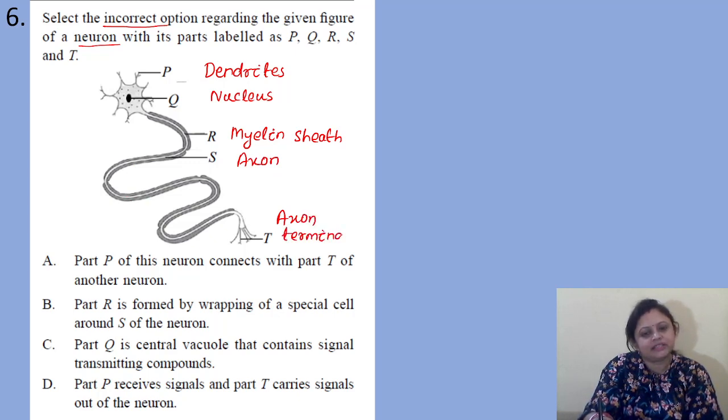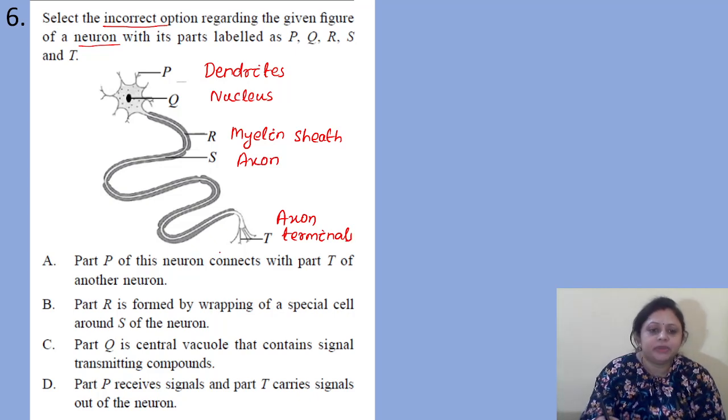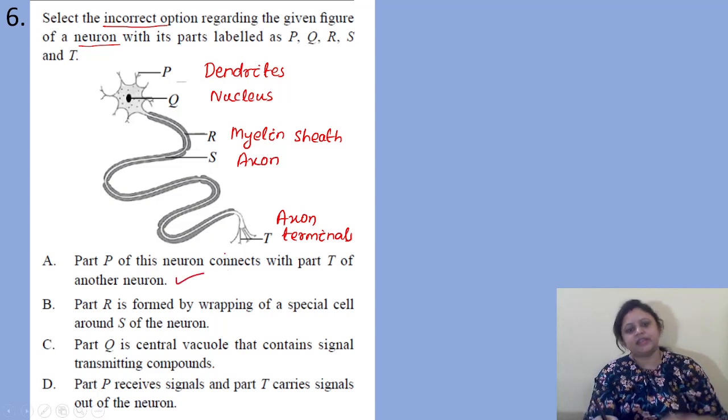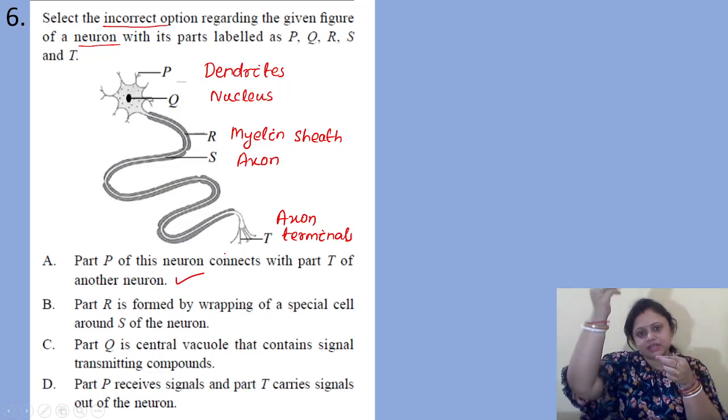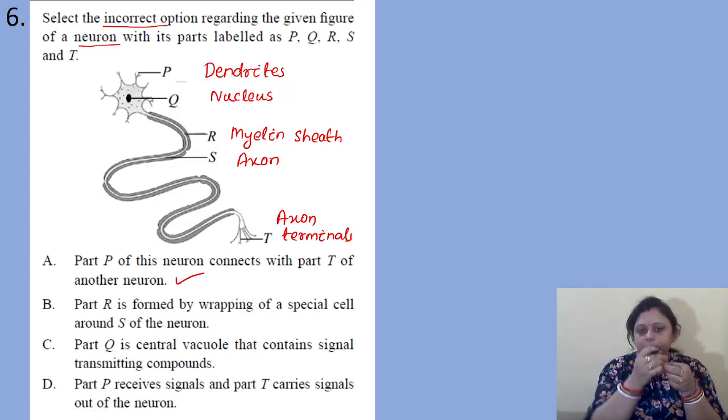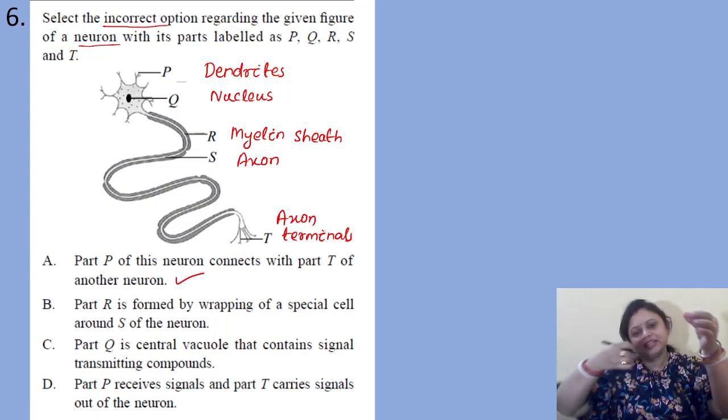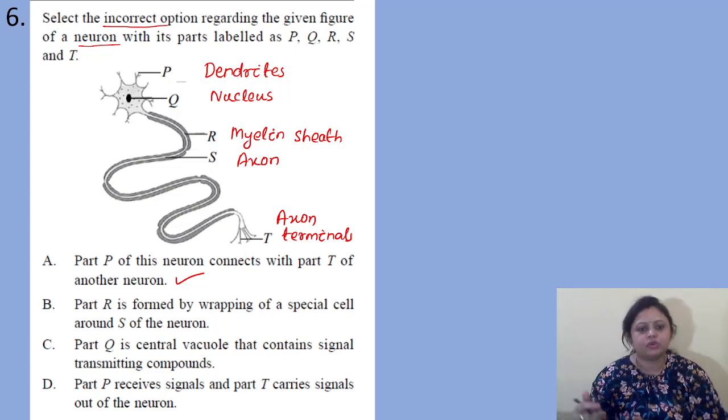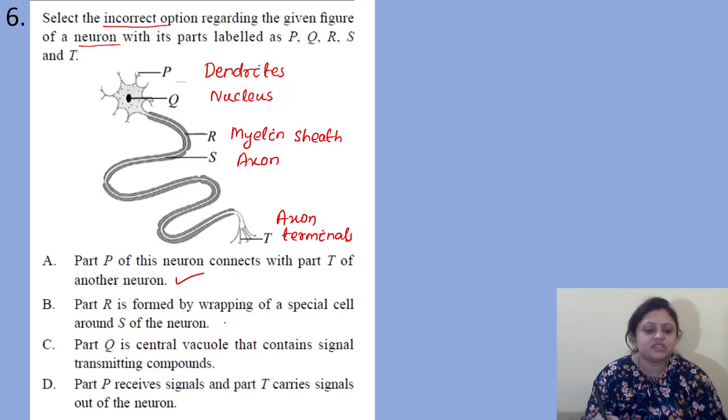Now let us check the options. Part P, that is the dendrites of this neuron, connects with part T, that is the axon terminals of another neuron. This one is correct. Dendrite of one neuron is connected to the axon terminal of the other neuron, and this way they are connected to each other. Part R is formed by wrapping of a special cell around S of the neuron.